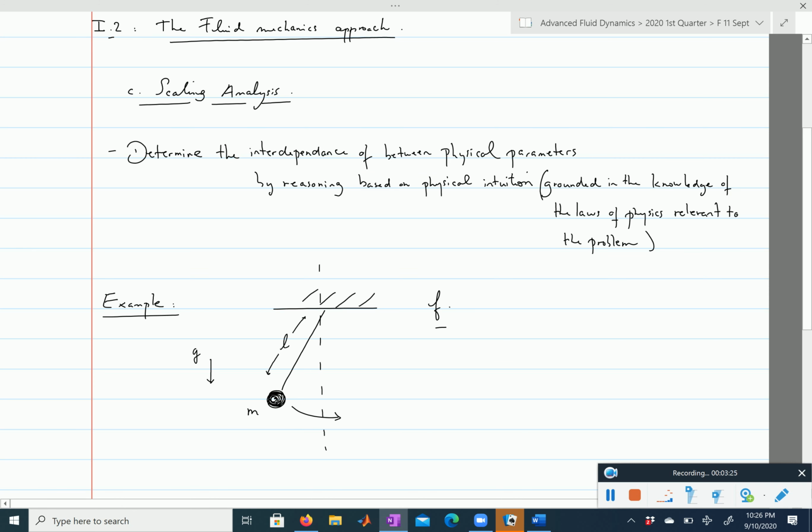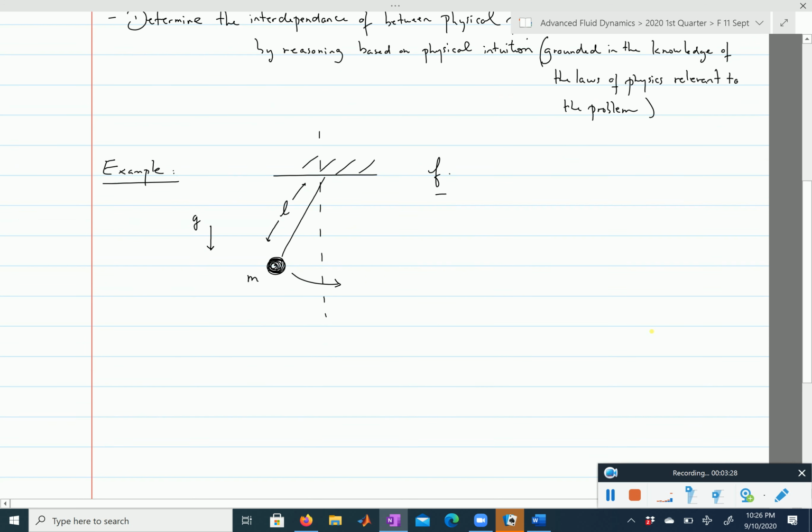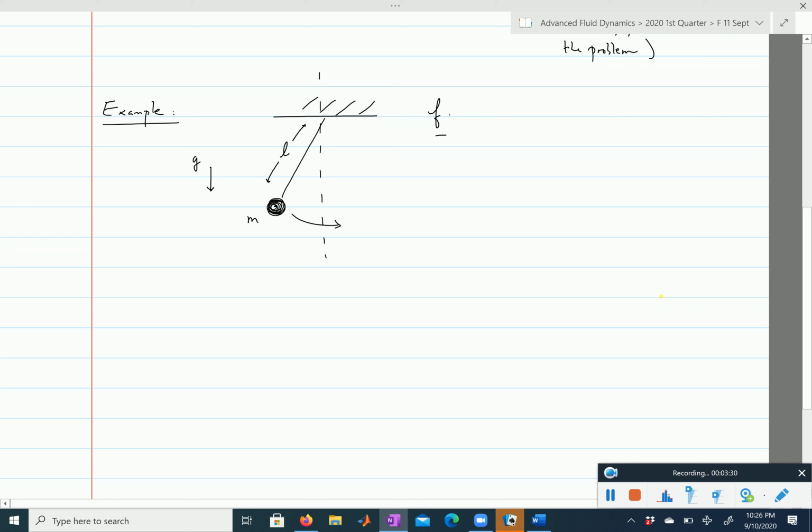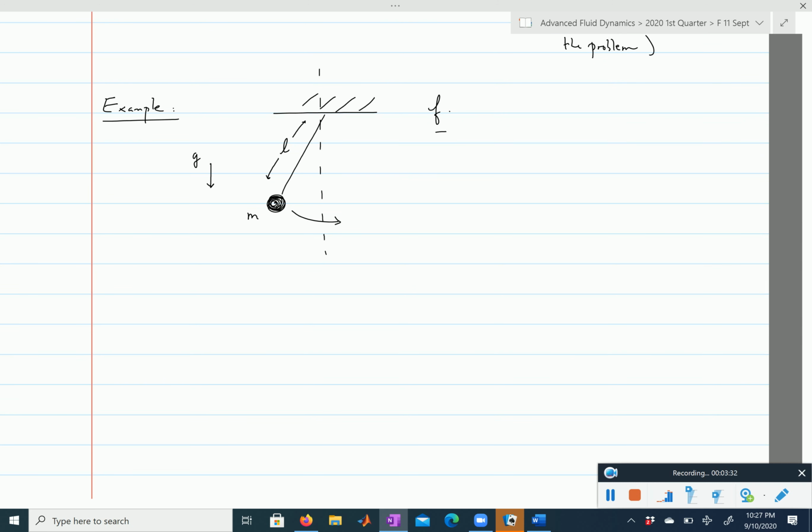And there's not one way of doing scaling analysis. So scaling analysis is not a rigorous exercise. It's a little bit more like cooking. There is a little bit of a recipe, but everybody does it a little bit differently, right? So the way I approach this is just to think about the equation which I would write.